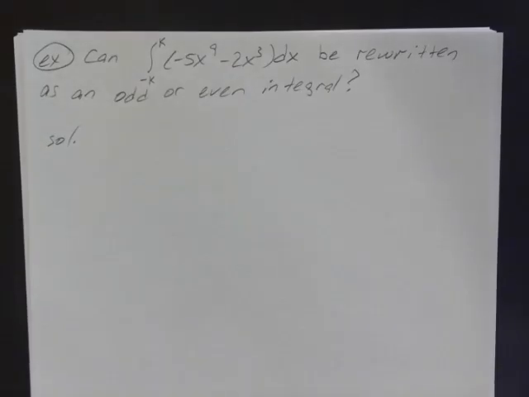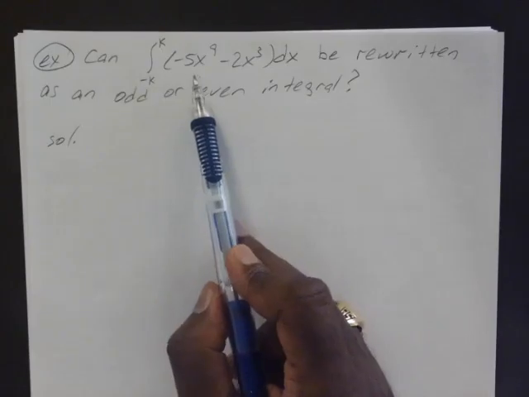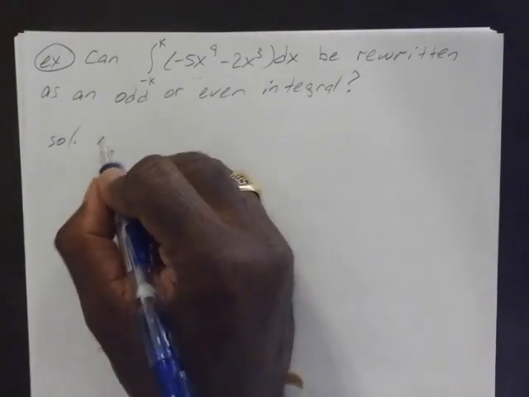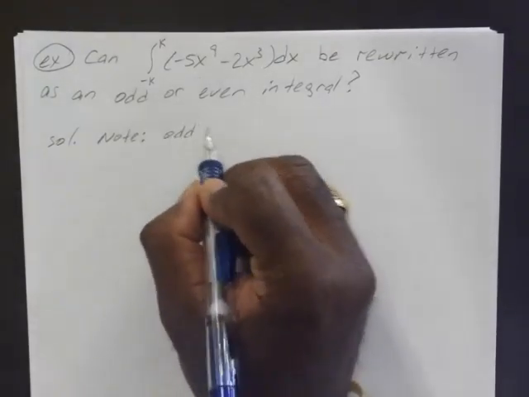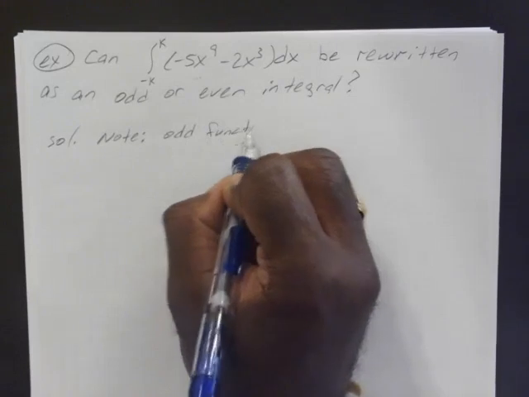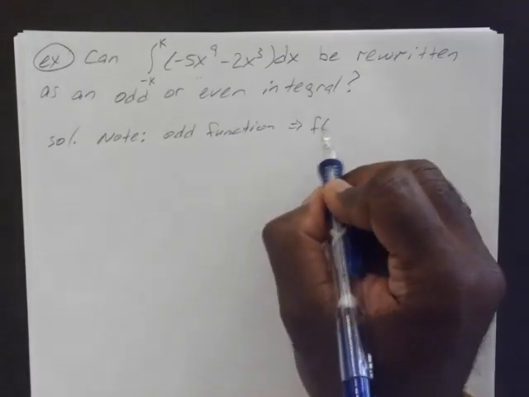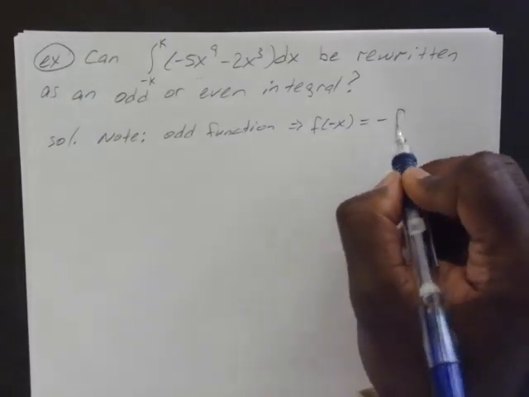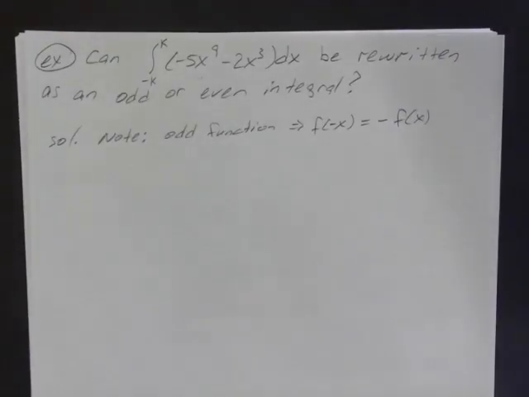Okay, so just like before we can rewrite it, we have to find out whether this is an odd or even function. And we know that if it's an odd function, then if we replace x with negative x, we get the negative of our original function.